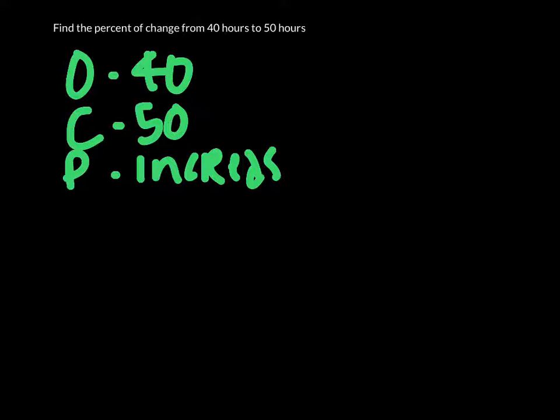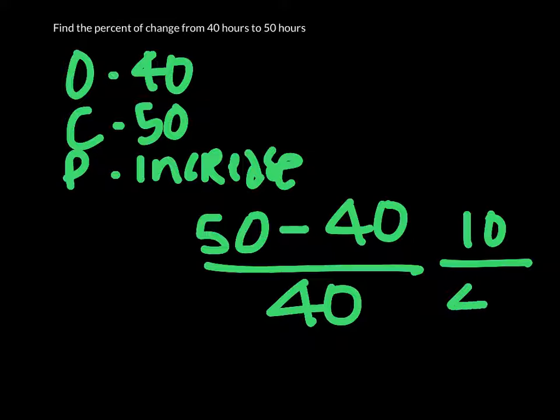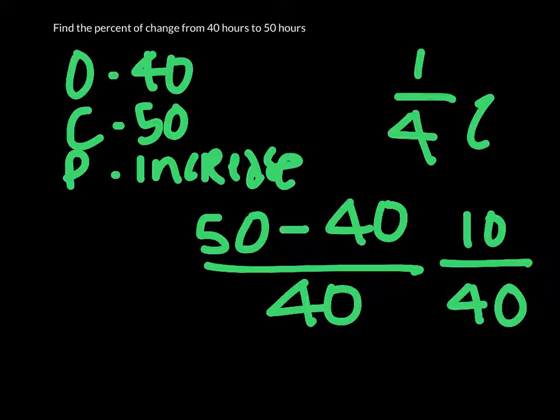So we have to put it in our equation, which is the new amount minus the original amount over the original amount. So now we get 10 over 40, which is equal to 1/4 or 25%.